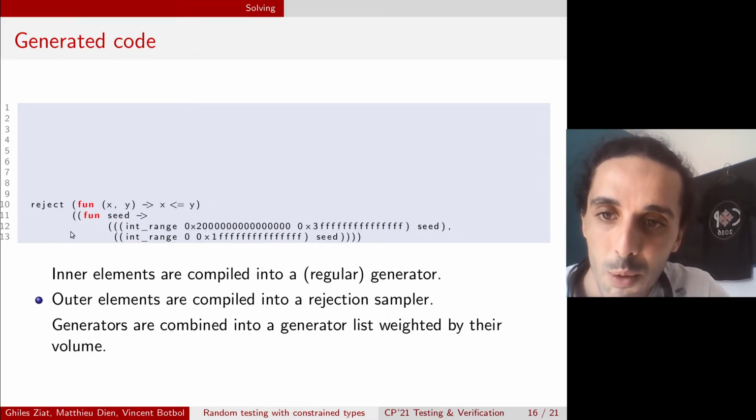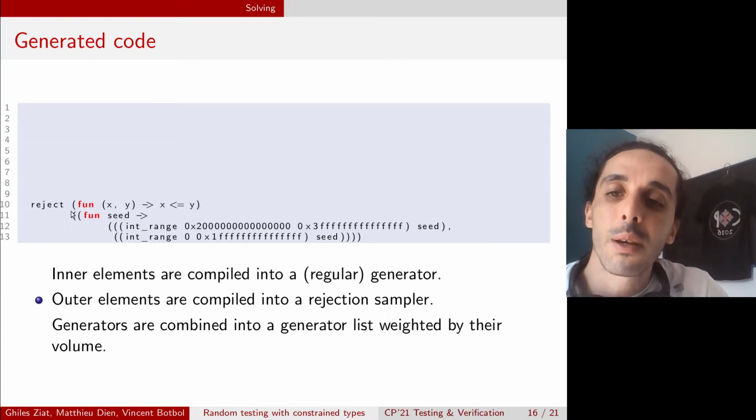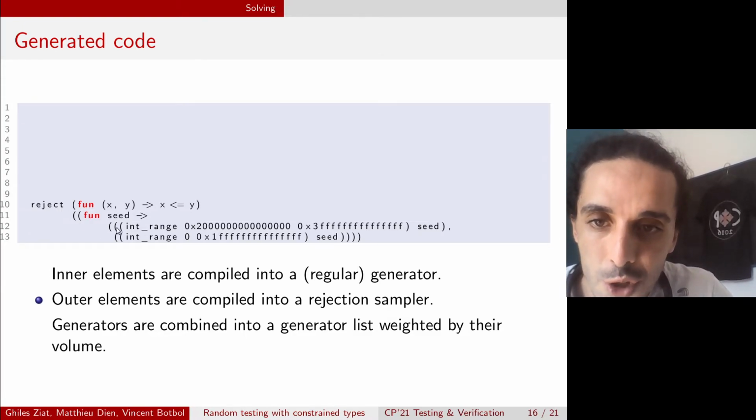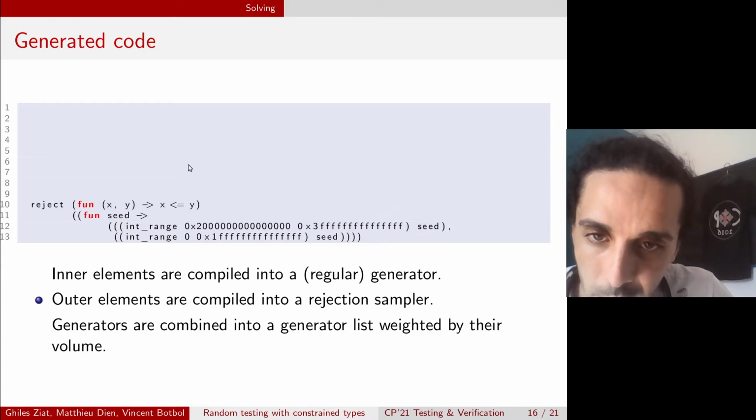This is quite similar, but we use the reject keyword here to say: generate a value using these generators, but keep only the ones that satisfy this predicate.